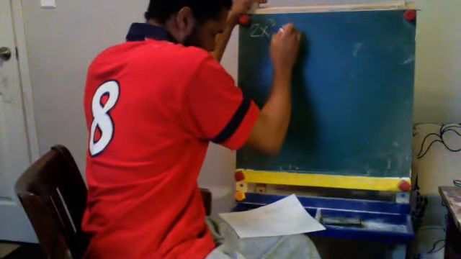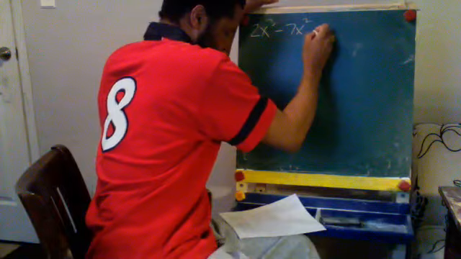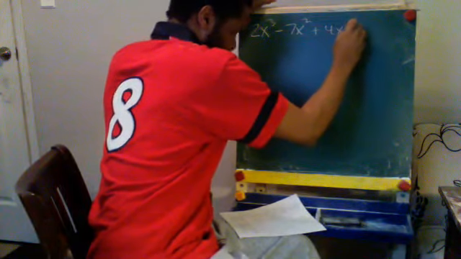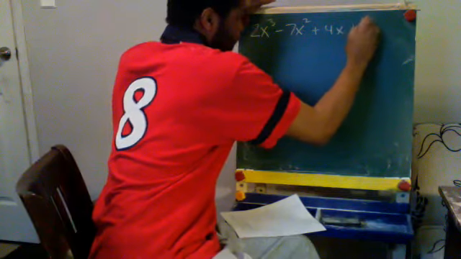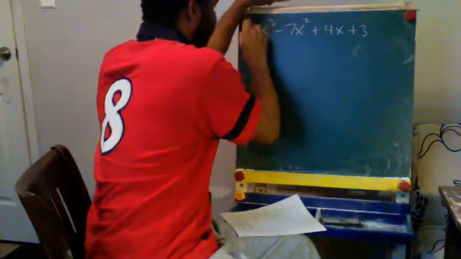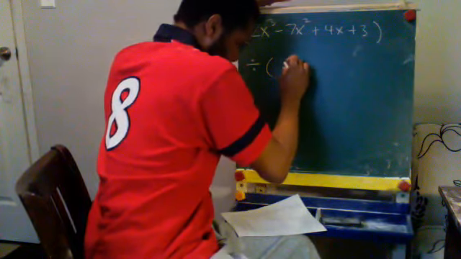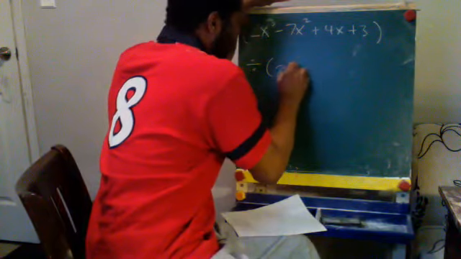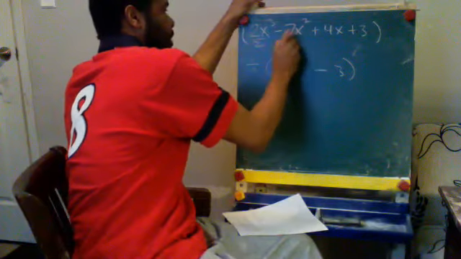Going back to 6b, you have 2x cubed minus 7x squared plus 4x plus 3, and you are dividing this entire thing by 2x minus 3. And what I'm claiming is you can actually divide through every single term by 2.